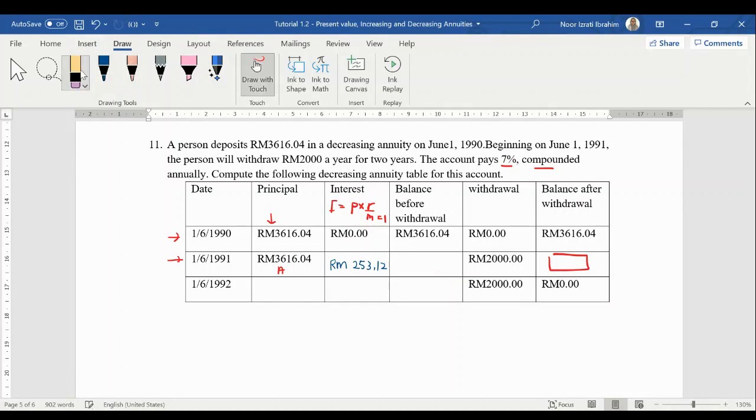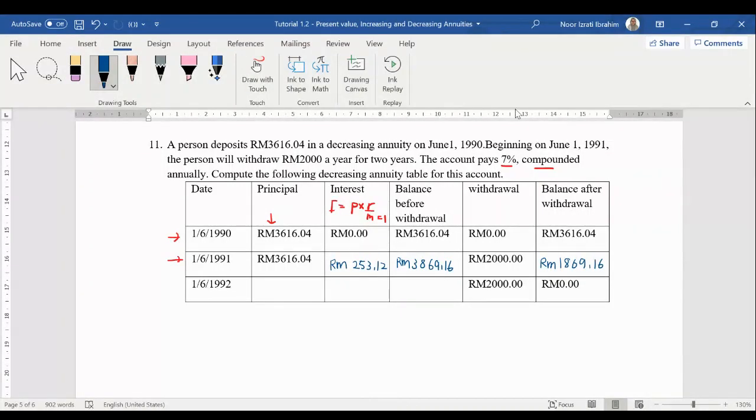Before the withdrawal, you just add them together: 3616.04 plus 253.12 gives 3869.16. Then a withdrawal of 2000 is made, which means you minus, don't plus. When you minus 2000 from the amount, it equals 1,869 ringgit 16 cents.